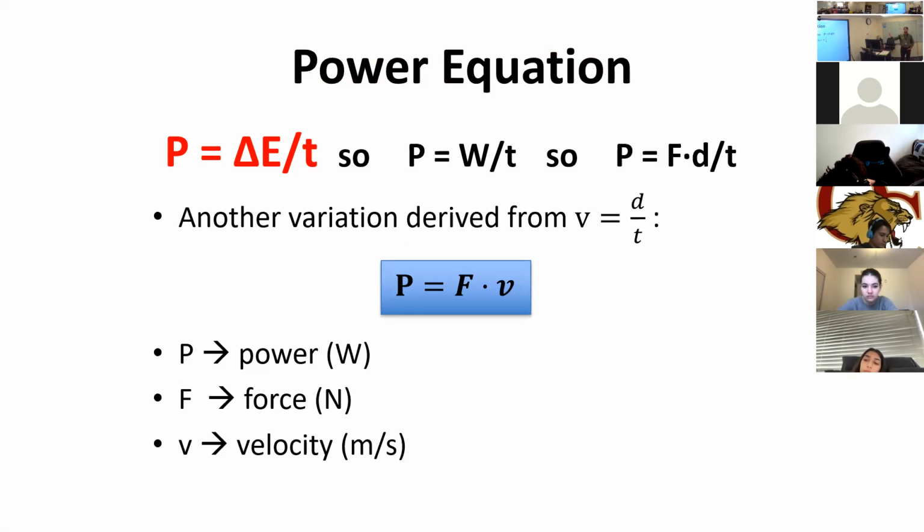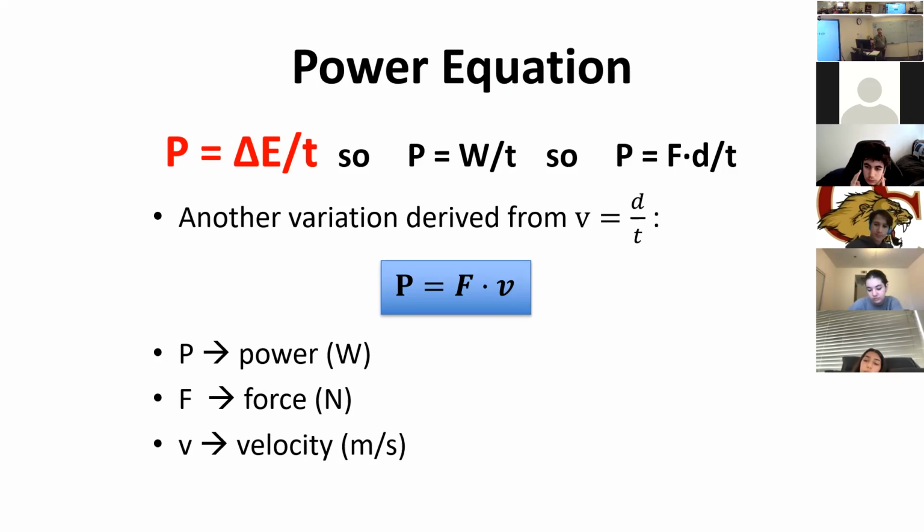But here's another one that's sometimes helpful. If we think about work as force times displacement, that's parallel, we get F times d over t. d over t is velocity. So you can also find the power used by taking the force applied times the velocity. Sometimes that doesn't make sense. Other times it's very helpful.